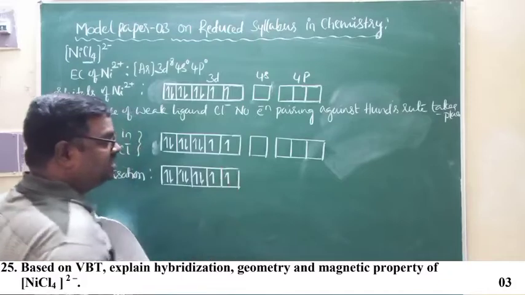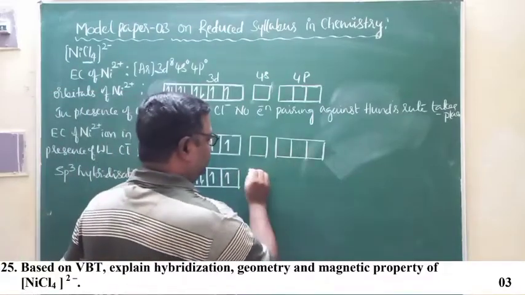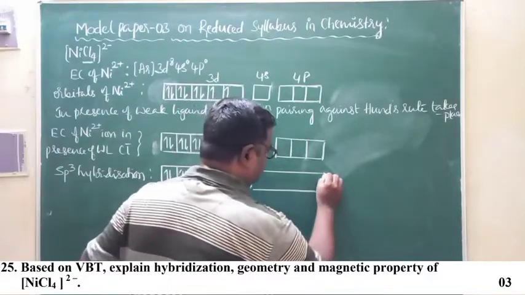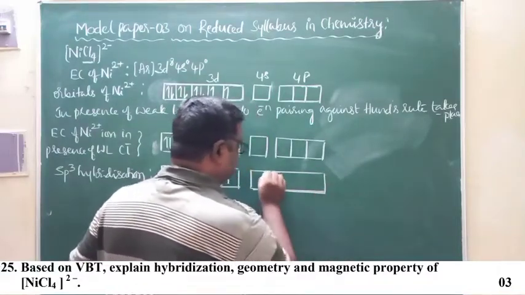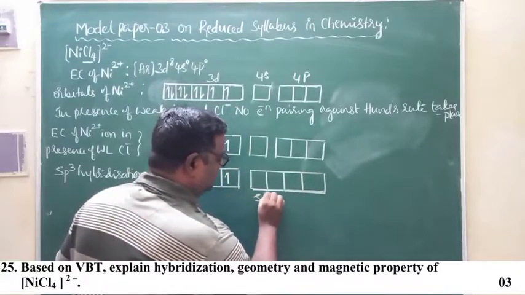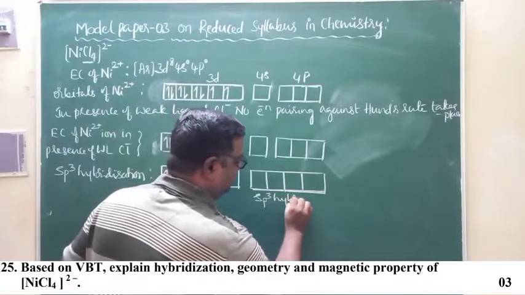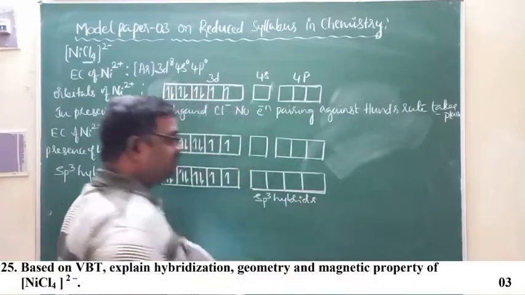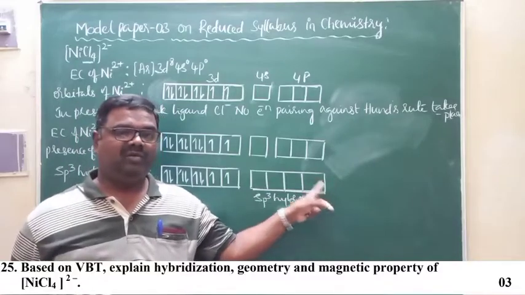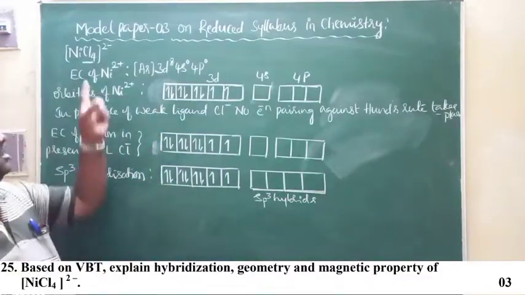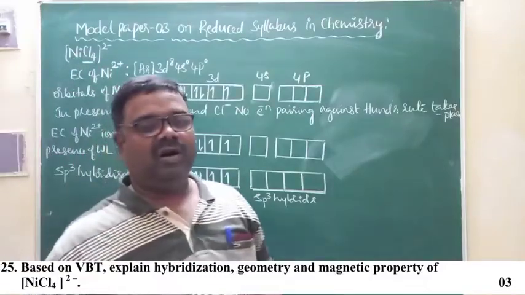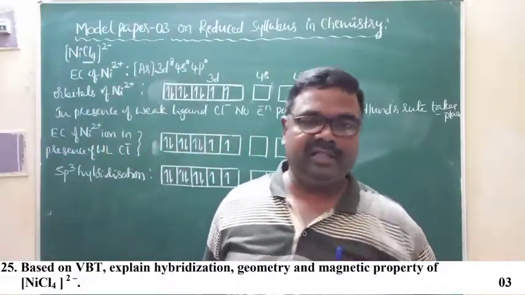The 1 s orbital and 3 p orbitals undergo hybridization, and you are going to get 4 vacant sp3 hybrid orbitals. These 4 vacant sp3 hybrid orbitals overlap with the filled orbitals of ligands to form 4 coordinate bonds between ligand and central metal ion.